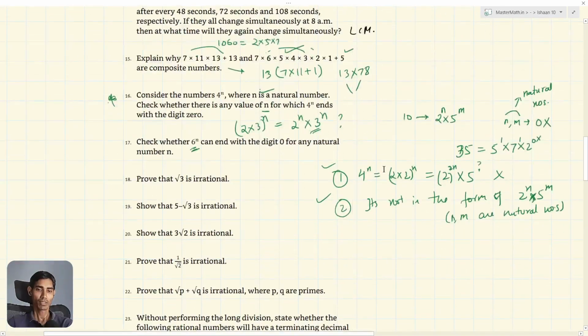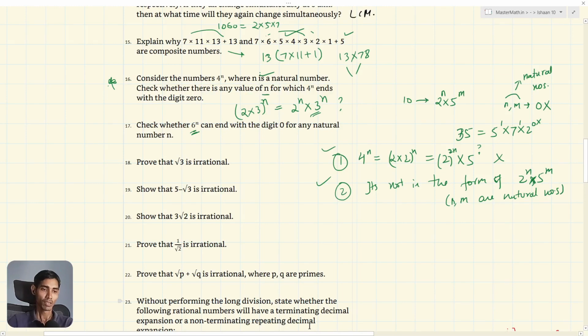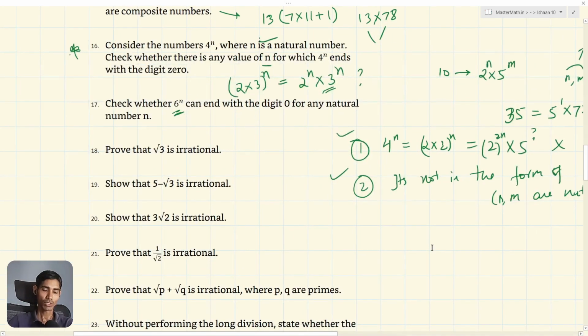Now, if it is any other form, suppose 5 minus root 3, these type of questions, suppose this question is for 3 marks. First we should prove root 3 is irrational using the procedure that we just did, and then come to this question.